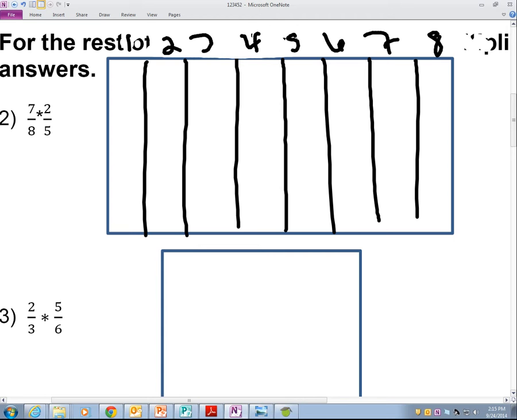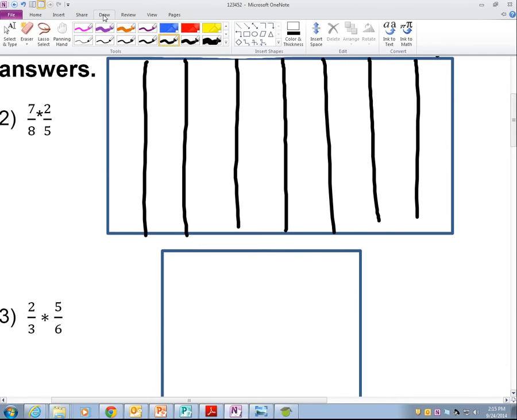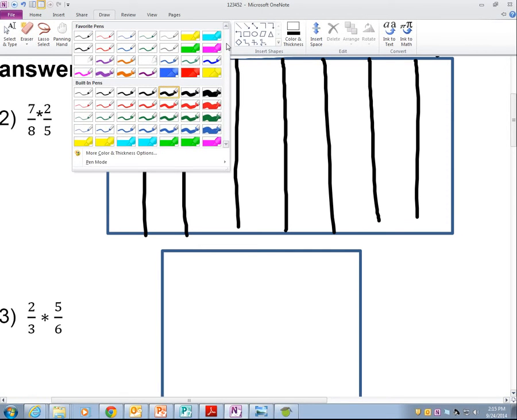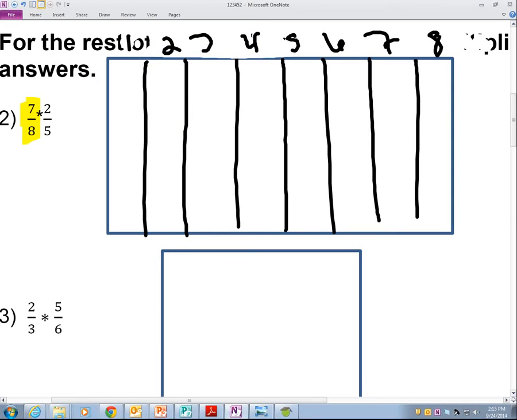Since we have 7 eighths, I'm going to do that with yellow. I'm only looking at the 7 eighths. How many of these eighths are going to be filled up with my color? 7 of them. Good. Look at how big that's ninths. Okay, that's ninths.